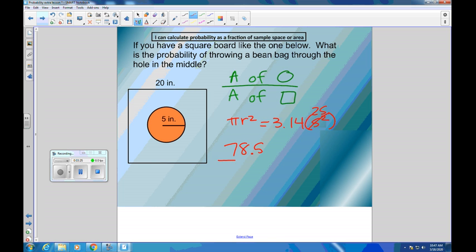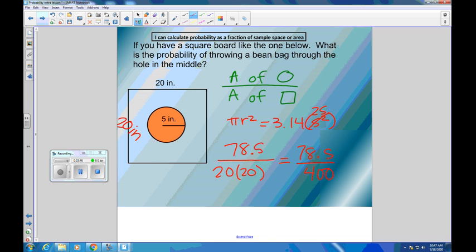So that's the area of my circle. That goes on top. Then the area of the square, if one side is 20, that means all sides are 20 inches. So I just take 20 times 20, and I'm left with 400. So we have 78.5 over 400.